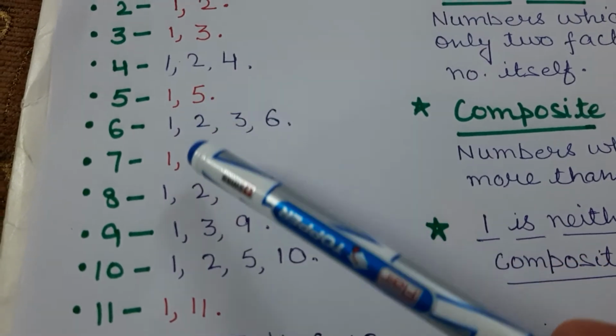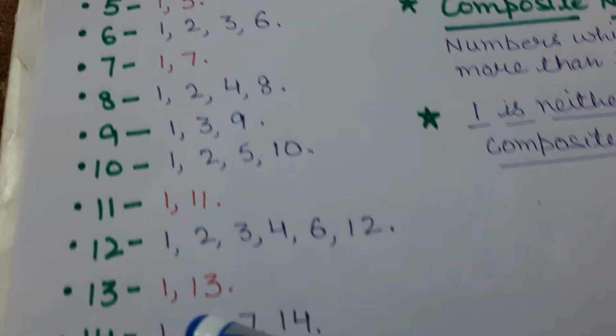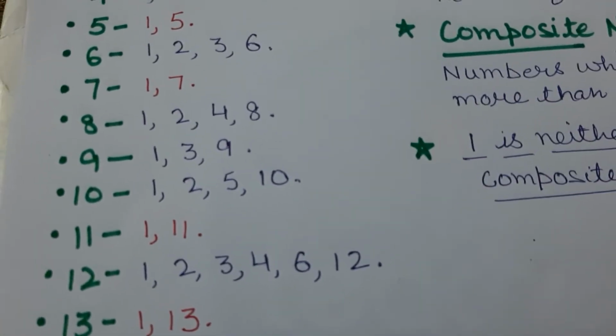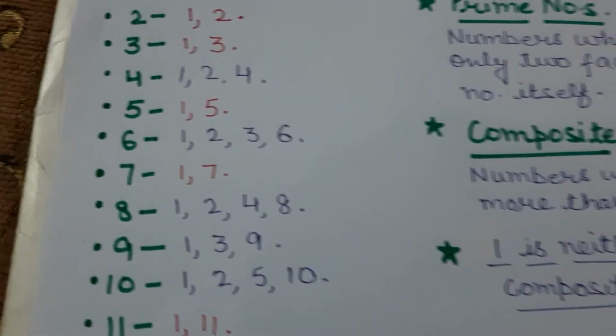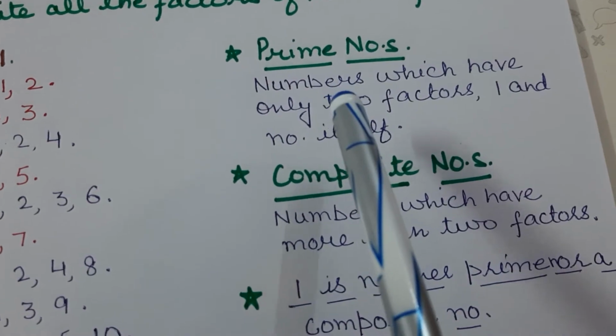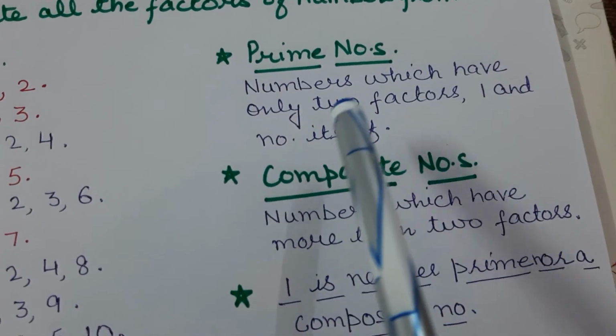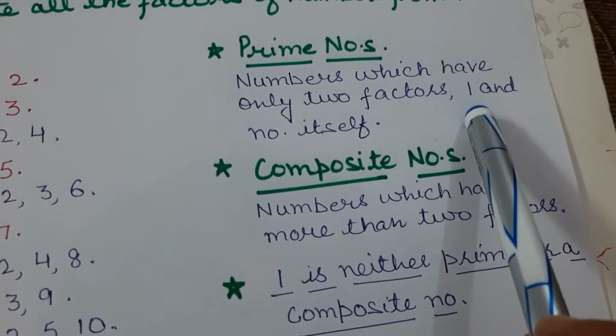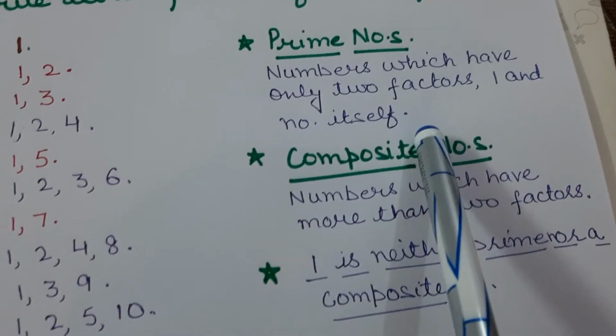So students, those numbers which have only 2 factors are called prime numbers. So what are prime numbers? Numbers which have only two factors, 1 and the number itself.